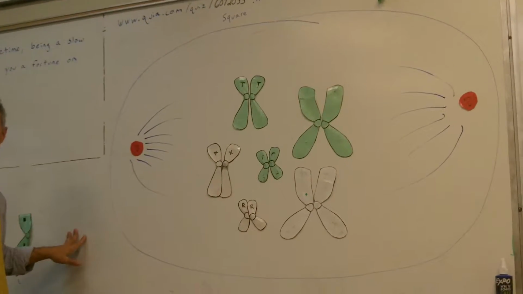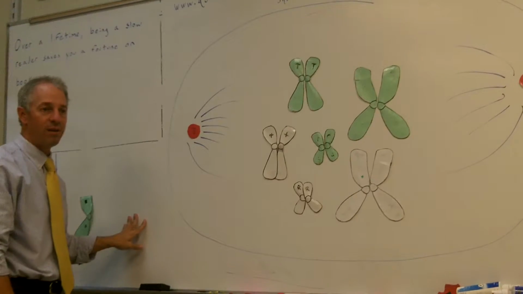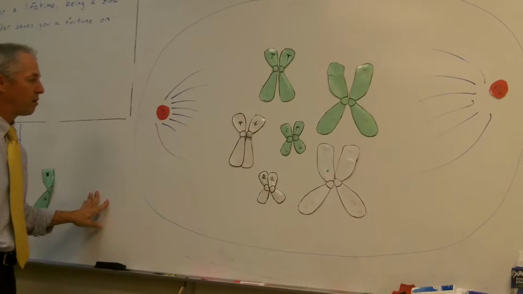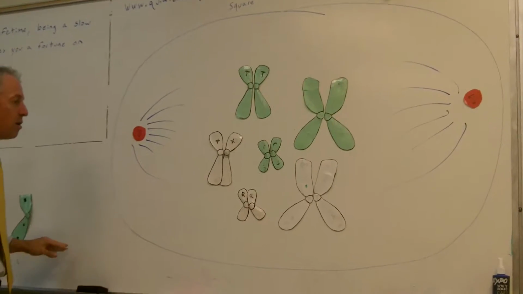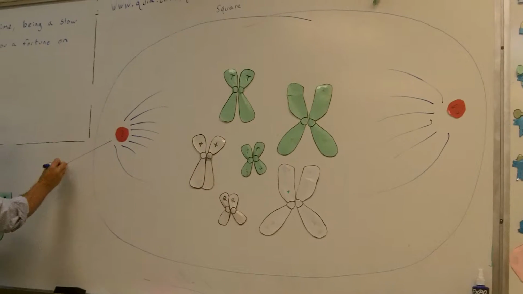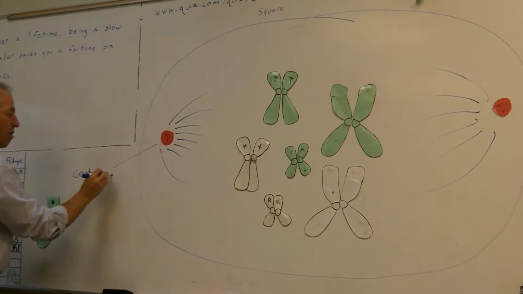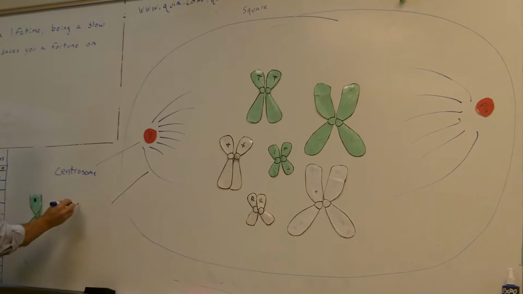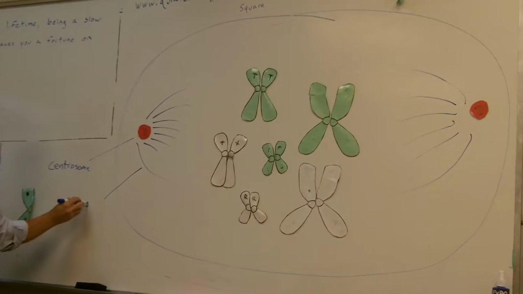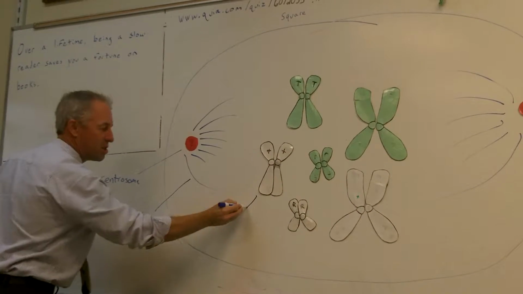And do you know how to label your picture? You draw this, and then here's how to label it. Centrosome. What would I label this? Spindle fibers. What would I label this?